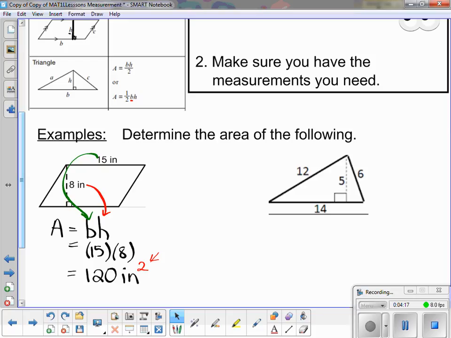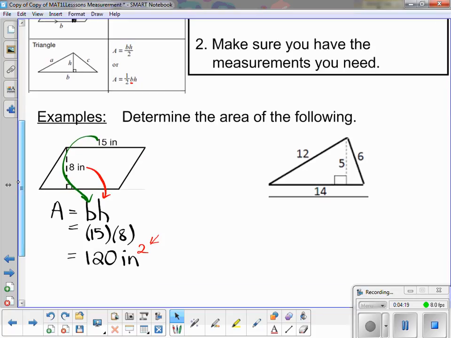So we know everything we want. We know all the measurements we need. So now it's going to be area equals. Notice there are two formulas. I'm going to use the base times the height, and then I'm going to divide it by 2. That's the same as putting it over 2, so either way you can do it.